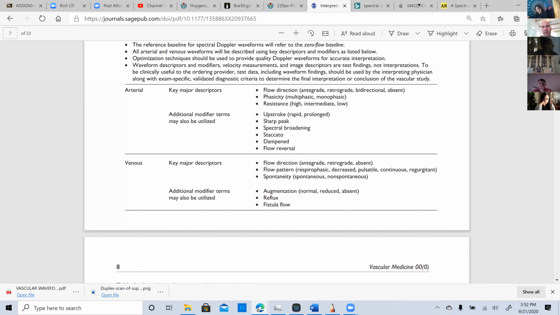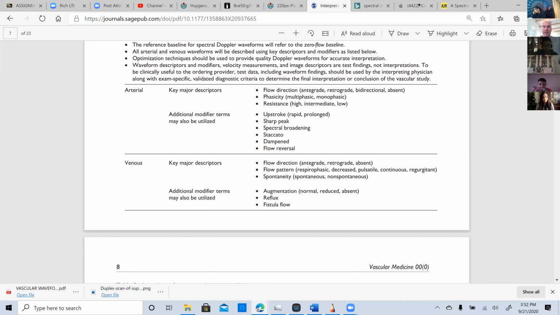Sharp peak, spectral broadening. Oftentimes spectral broadening doesn't matter. Sometimes it means something. Staccato is the closest term that I could find for the thing that I'm looking for. We'll talk about staccato in a second.